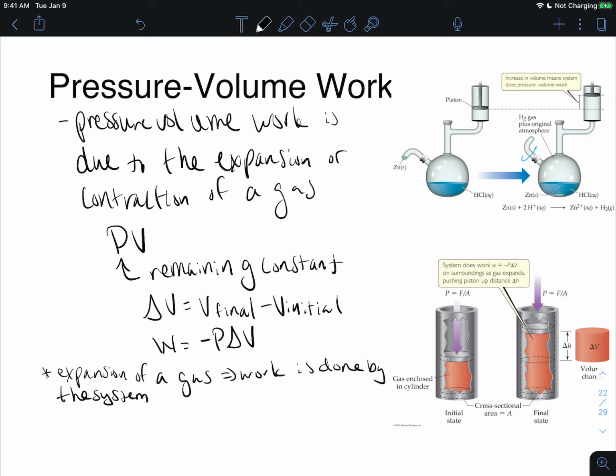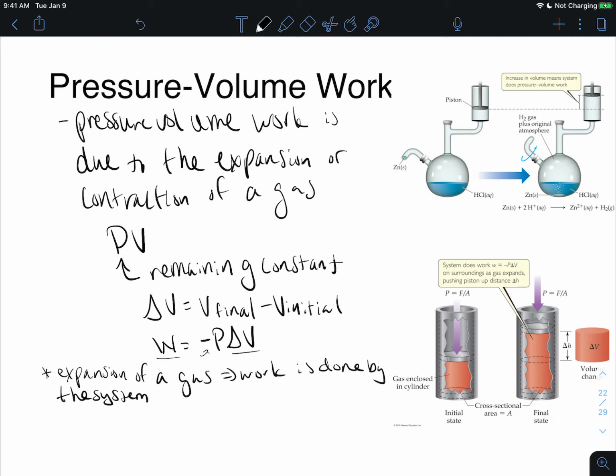And in that case, your V final is going to be greater than your V initial, so your delta V is going to be positive. But because it's work done by the system, the work itself has to be negative. So if this is positive and this has to be negative, that negative has to be in that equation in order to take that volume expansion and take it to a negative. And of course, pressure itself will always be positive or zero, so it's not going to be affecting our sign here.